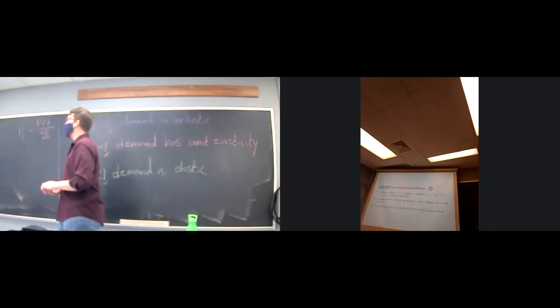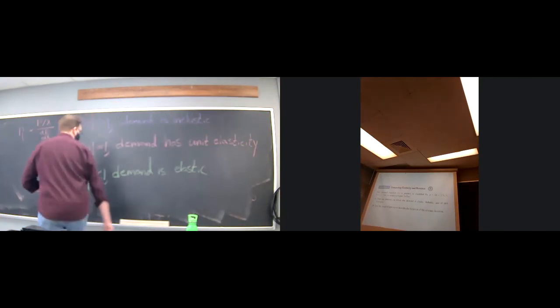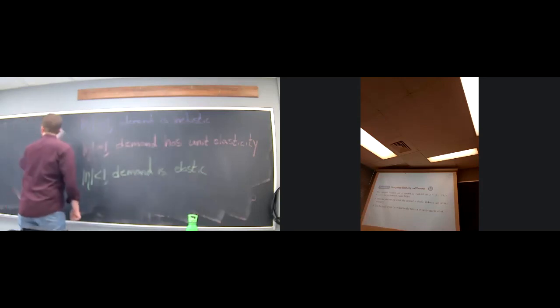All right, so we've got our demand function, price as a function of X. And we're told that it is equal to 18 minus 1.5 times the square root of X. The first thing we're going to want to do is calculate what eta is.